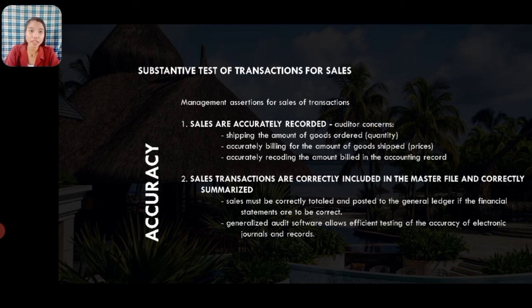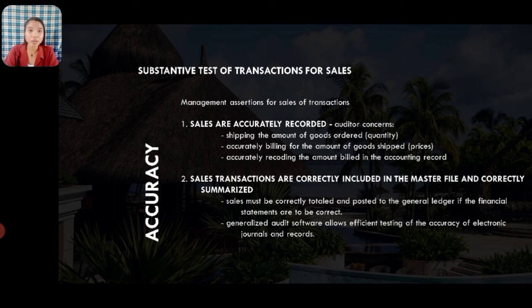The second one is accurately billing for the amount of goods shipped, so it pertains to the price of the goods. And the third one is accurately recording the amount billed in the accounting record. So once you have issued the correct quantity, you should also record the correct price and record the billed amount in the books of record.